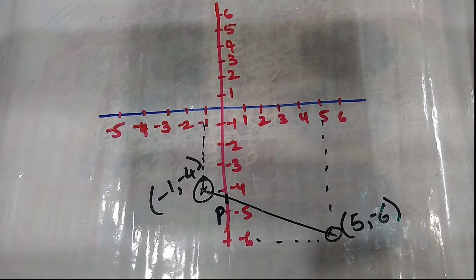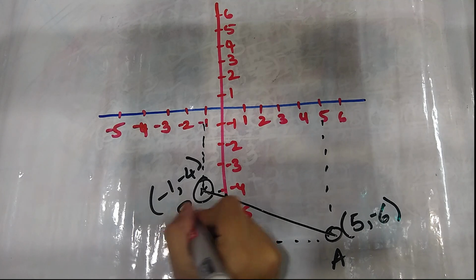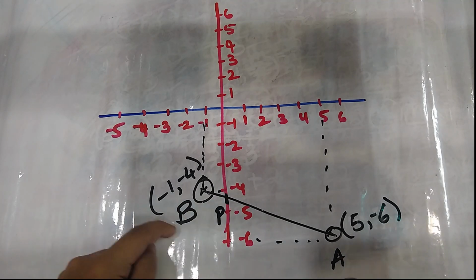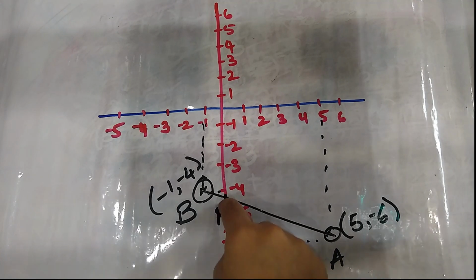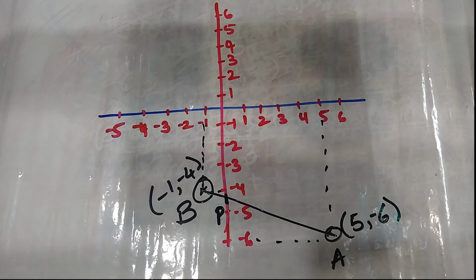That point is our P, this point is our A, and this point is our B. So we go according to this diagram. First we have to find the ratio in which the y-axis divides this line, so let us do that first.